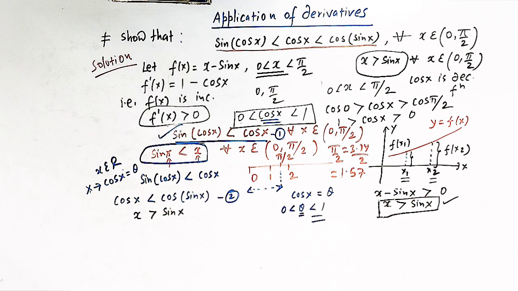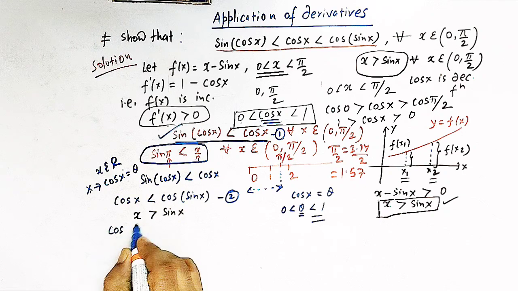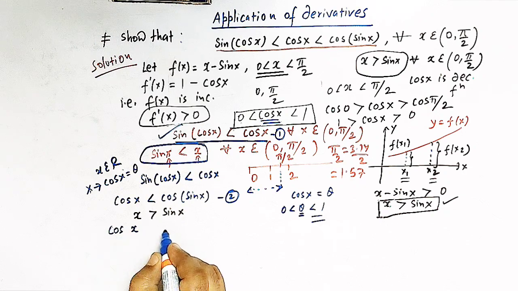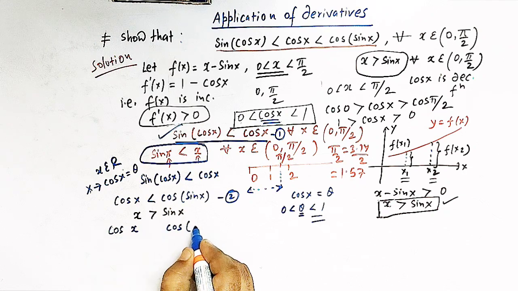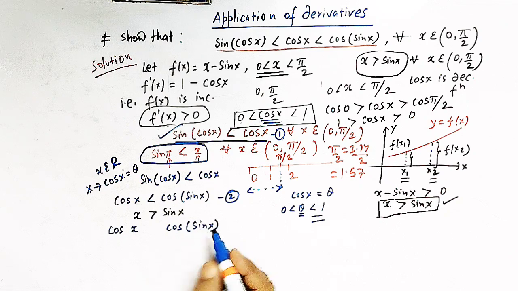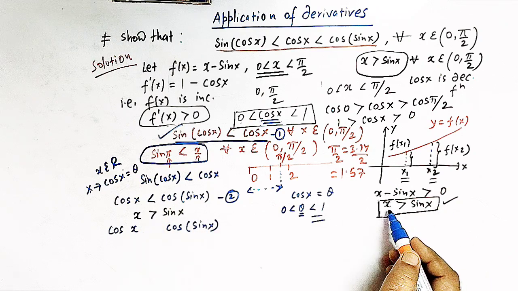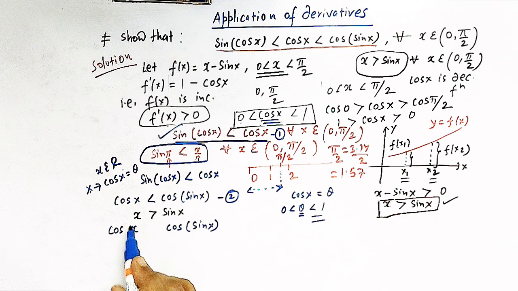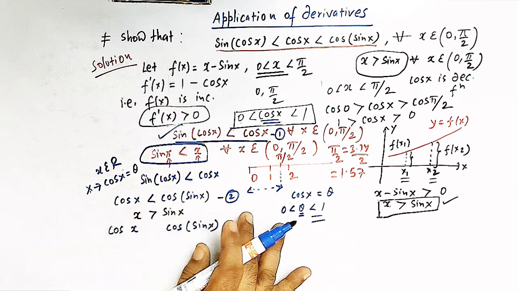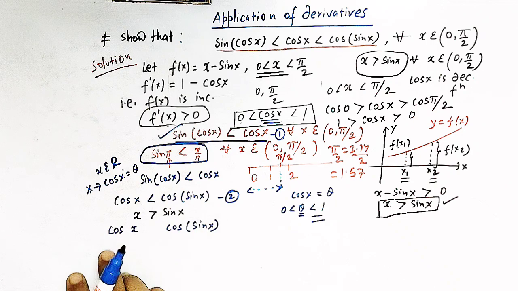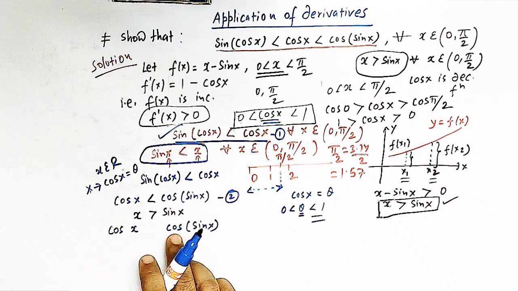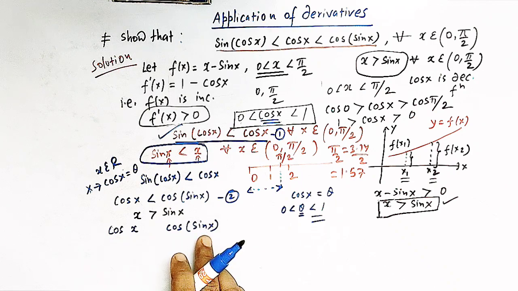Let us take cosine of both these sides, that is cos of x, and here we take cos of sine x. So we have started with this inequality, x greater than sine x. Now we are taking cosine of both sides. Now we get cos of x, and here we get cos of sine x.